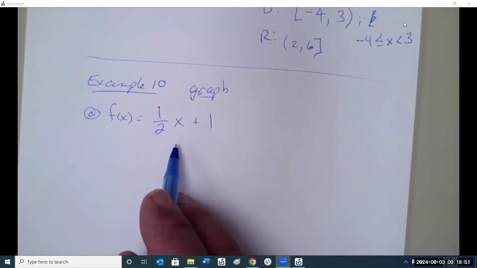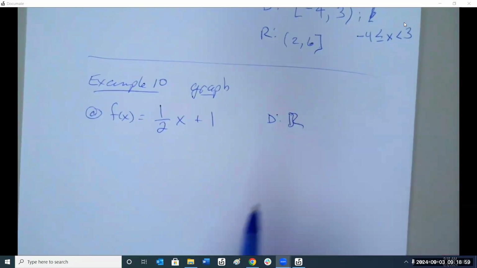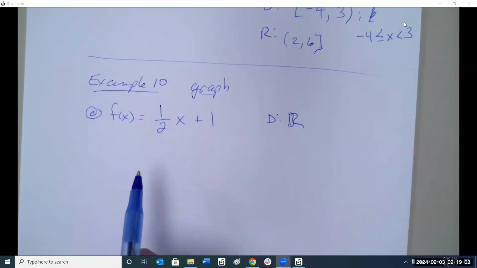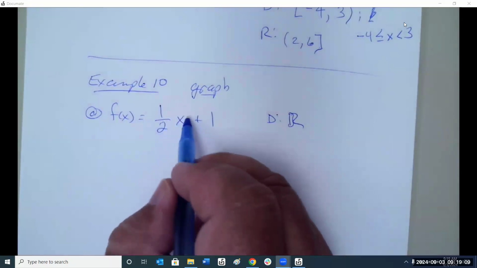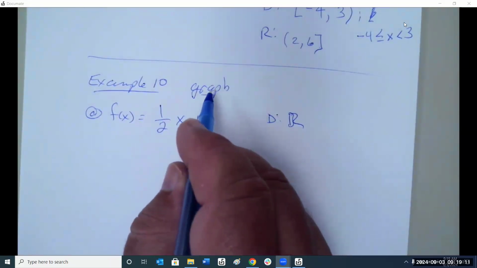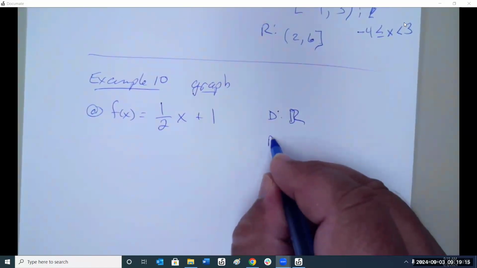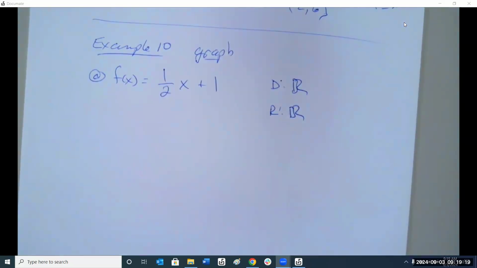Can you tell me the domain? All real numbers. What kind of equation is this? Why is it linear? There's no special operations. There's no square roots, no absolute values, no exponents. So it's linear. Linear equations by definition are all real numbers for domain and range.